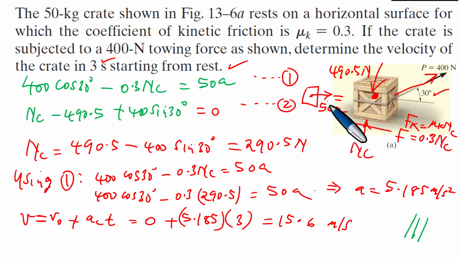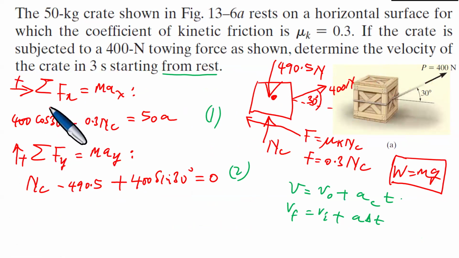So everything here boils down to saying this whole crate system moves and accelerates in the direction of the 50A force. This is what Newton's second law says: the summation of all forces in the x direction will be 50A, and that gives us the acceleration in the x direction, and the actual resultant force in the x direction.